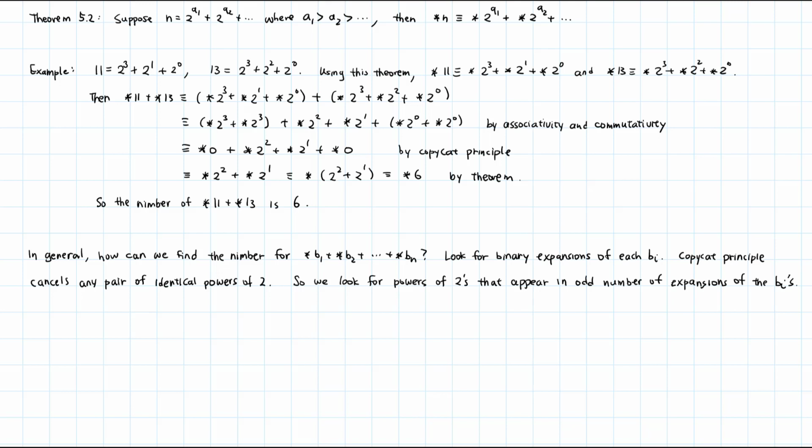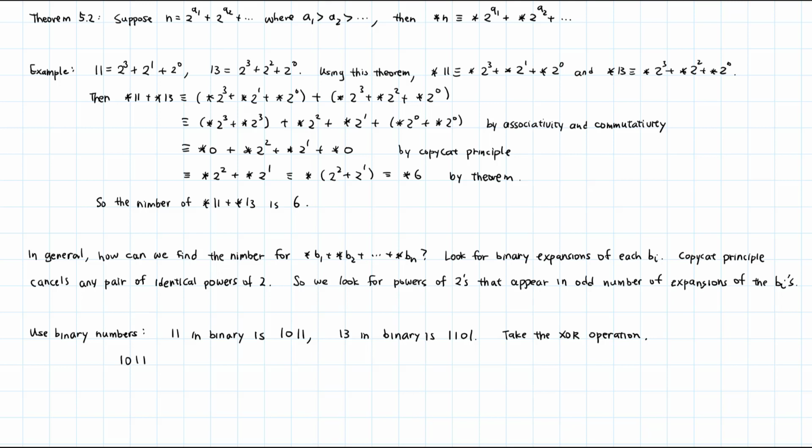Now, one way to visualize this is by using binary numbers. We can write the numbers out in binary. In this case, 11 in binary is 1011, and 13 in binary is 1101. We then take the XOR operation. That is, normal addition, except we do not carry over.